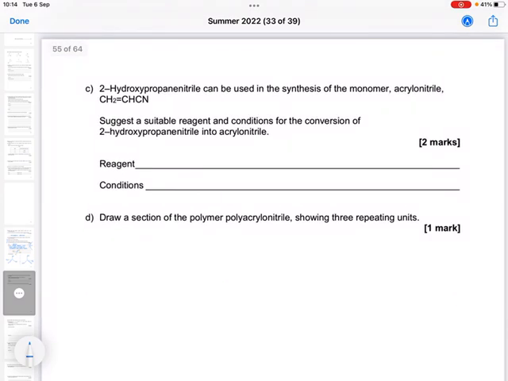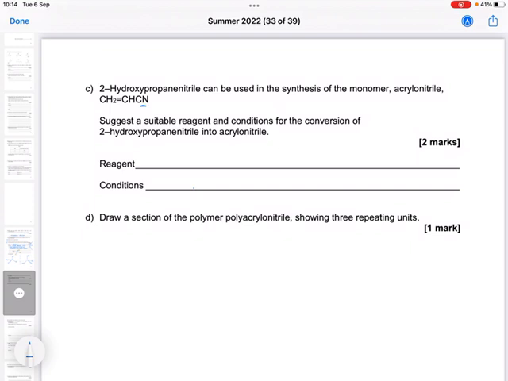2-hydroxypropane nitrile can be used in the synthesis of the monomer acrylonitrile, and the structure of that is there. Suggest a suitable reagent for the conversion of 2-hydroxypropane nitrile into acrylonitrile. So the nitrile hasn't changed in here. So we're looking at the OH forming an alkene.